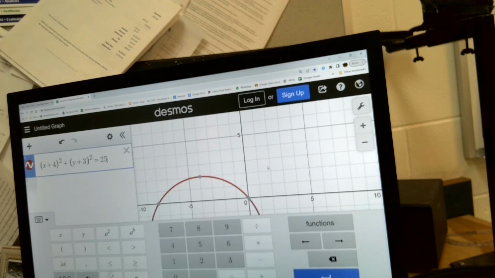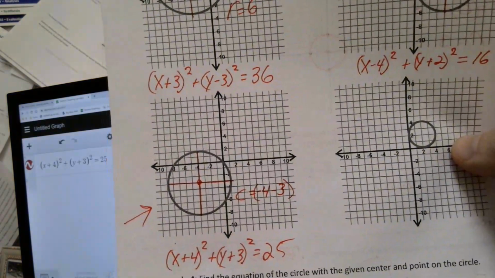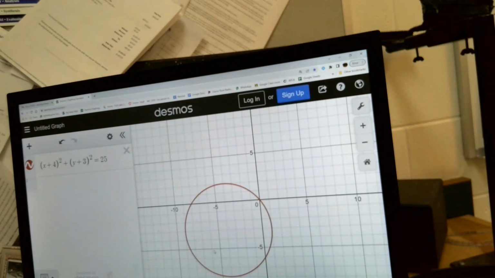And you can see that on Desmos it will give you a circle in the exact same place that we just saw on that paper. Again, you can kind of see it here, you can see it there, they are identical.